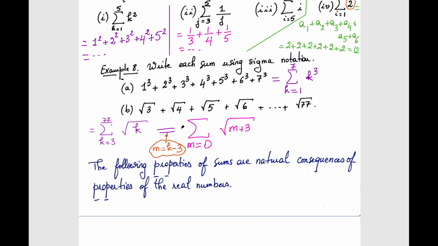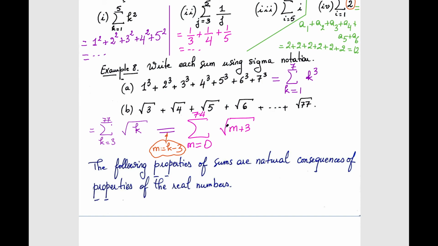And what's the highest value for m? Well, if the highest value for k was 77, the highest value for m is going to be 77 minus 3. So the highest value of m is going to be the highest value of k minus 3. So 77 minus 3 is 74, right? That's 74.